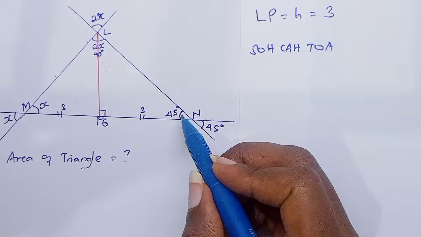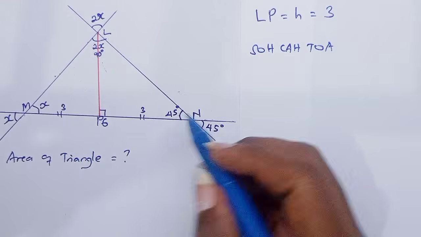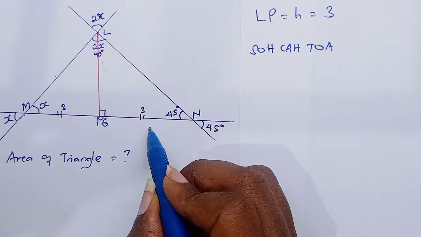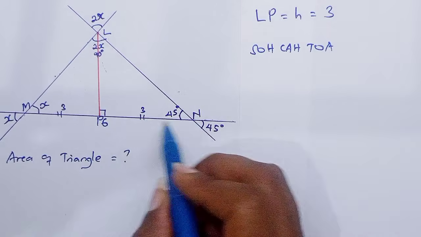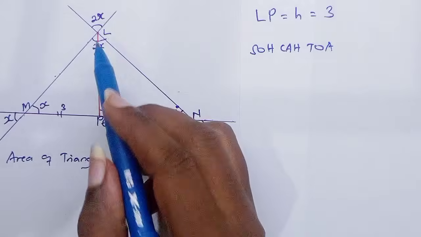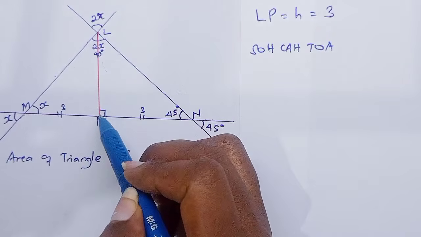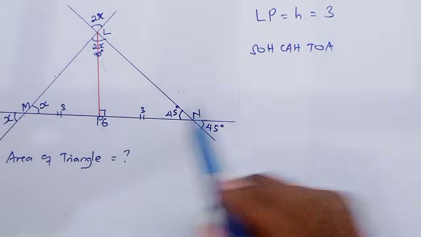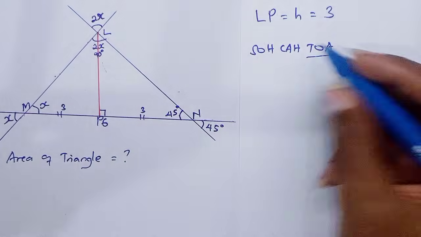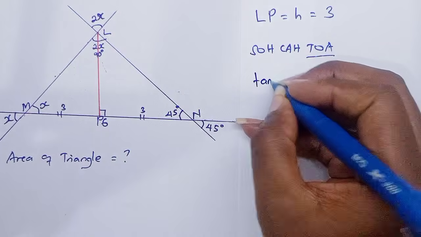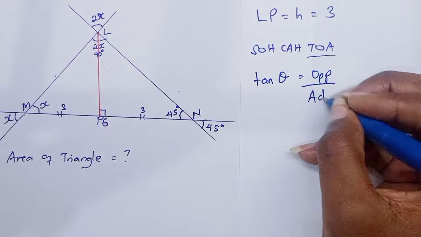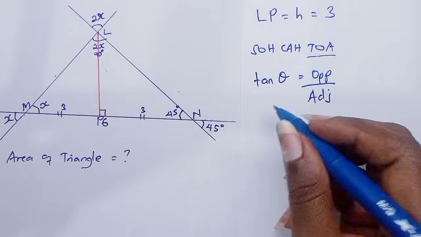Now, since you have angle 45 degrees and you have this would be now the adjacent to the angle, and our interest is to find the height, which becomes the opposite. So you have opposite and adjacent, and this is what fits. Therefore, tan theta is equal to opposite over adjacent.